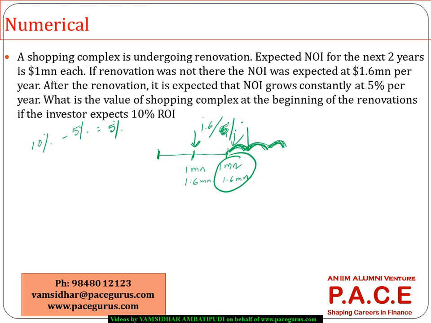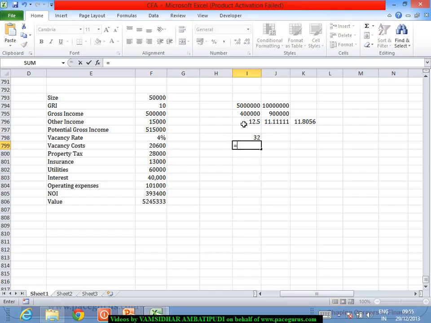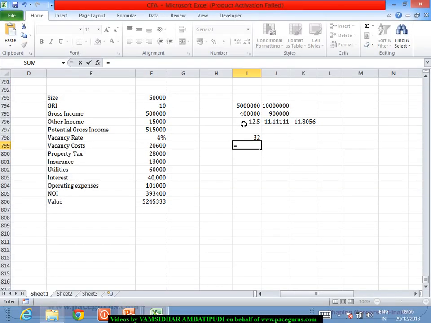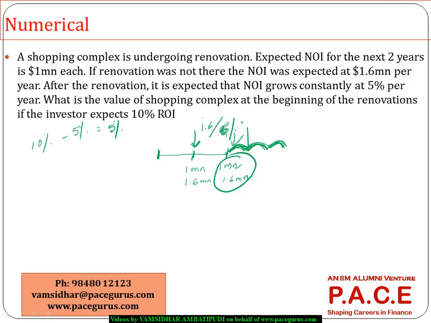So I can find the present value of that loss and reduce it from the value: 0.6 million for 1 year at the rate of return of 10%. So 0.6 million divided by 1 plus R, which is 10%, is the value of the loss, because I was expecting 1.6 million but I am getting only 1 million because of the renovation.